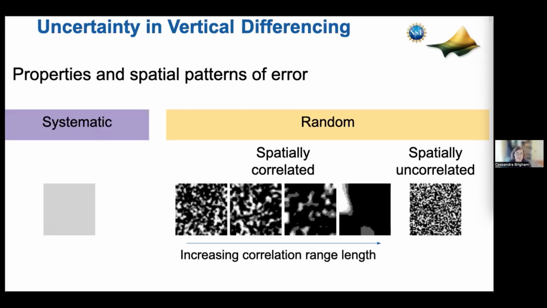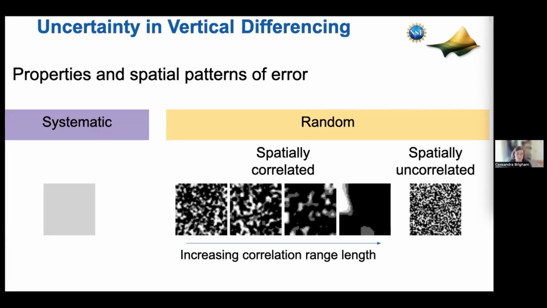Once we get into random error, it becomes a little bit more complicated. We have two types of random error. We have spatially uncorrelated error, and that means that the error in one raster cell is not related at all to the error next to it. It's completely independent spatially.